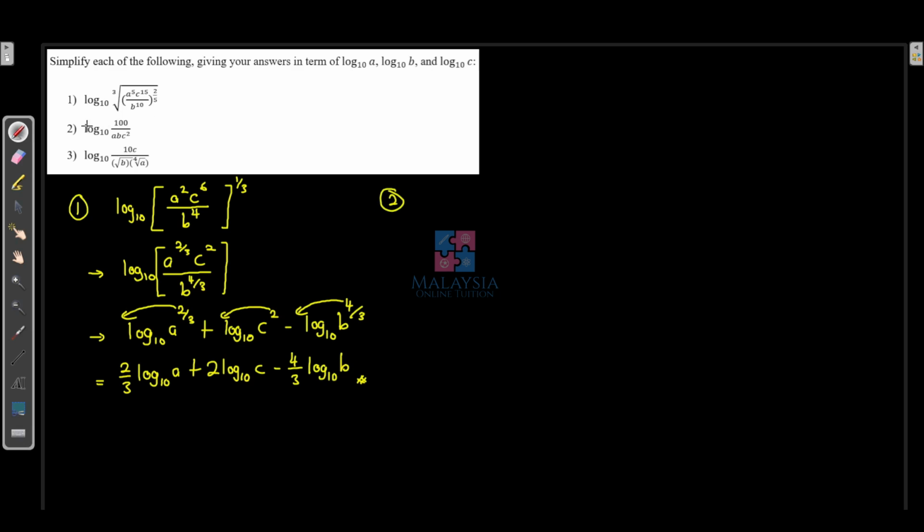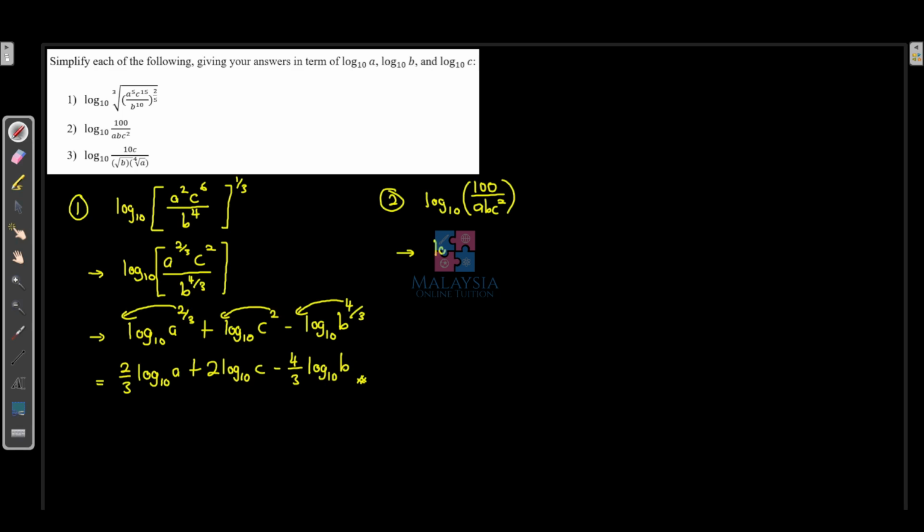For part 2, log base 10 of 100 over a b c squared. You are going to do the same thing. First, log base 10 of 100 over a b c squared. You can see that only the 100 is on top, meaning that it is the only one that is going to be positive.